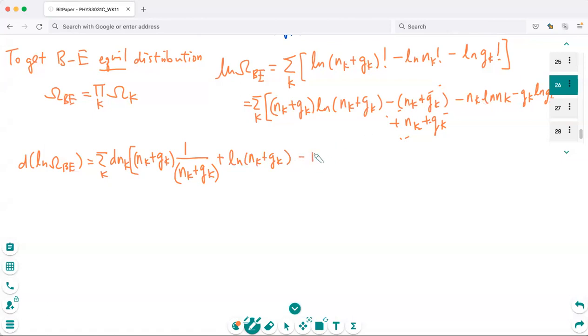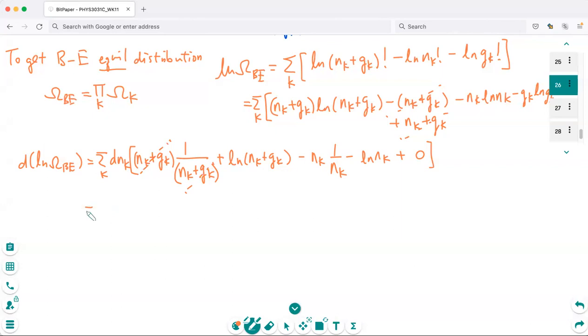And likewise, I have this nk log of nk, differentiate, I get 1 over nk. And then I have the log of nk. And then gk, once I do the differential with respect to n, this is 0. Okay. And I have this nice cancellation here again.